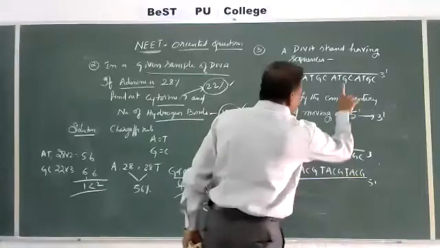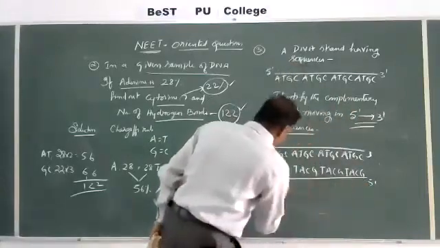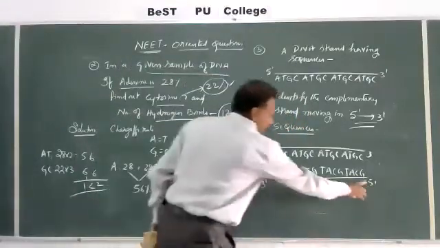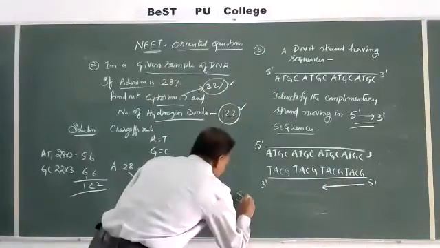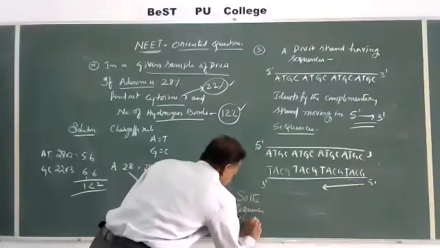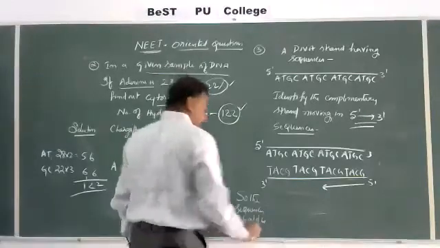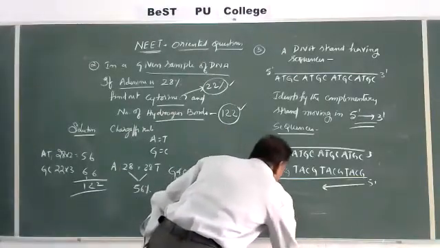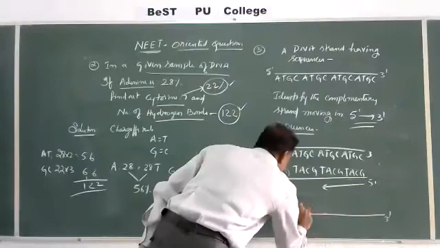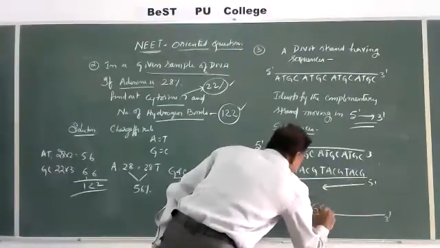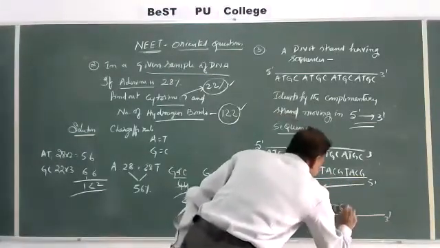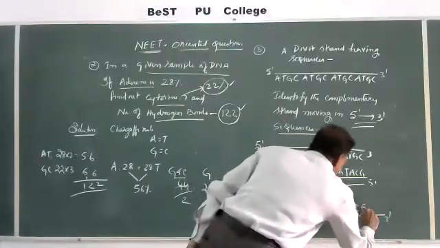The direction is 5' to 3' they asked. So the sequence should be 5' to 3' GCAT, GCAT, GCAT, GCAT.